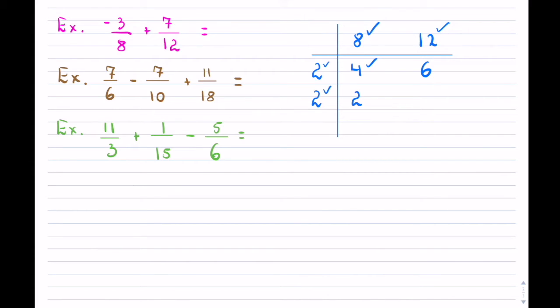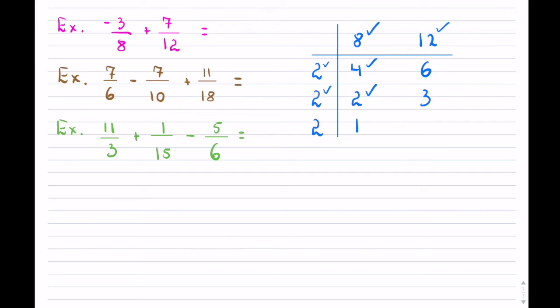And as luck has it, 2 also goes into 6 3 times. Next, 2 is already a prime, so it's definitely divisible by 2. That will go in 1 time. However, 2 does not go into 3.